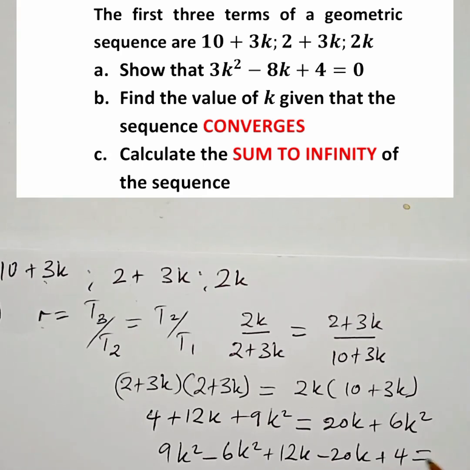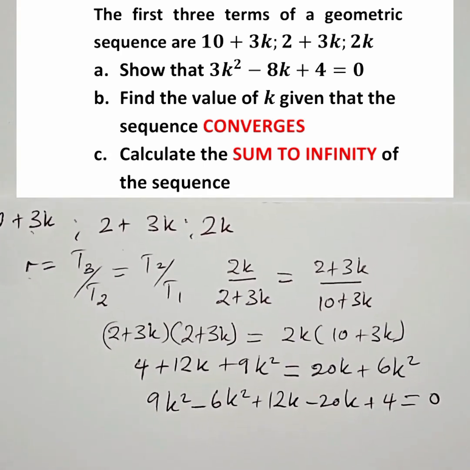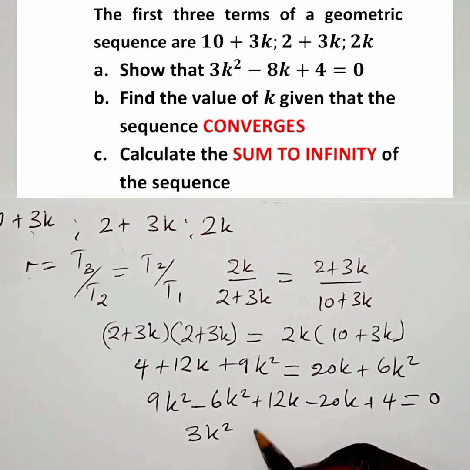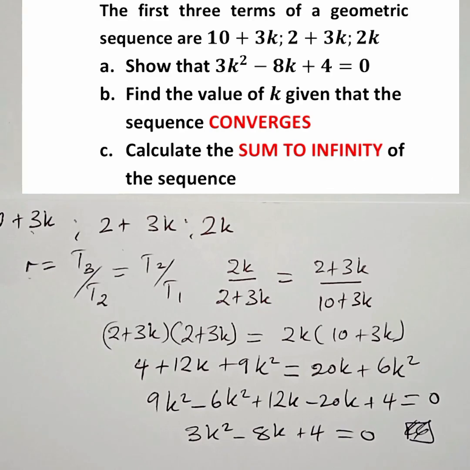Plus 4 is equal to 0. Now simplify what is in that equation. We're going to have 3k squared minus 8k plus 4 is equal to 0. Then we've managed to show that 3k squared minus 8k plus 4 is equal to 0.